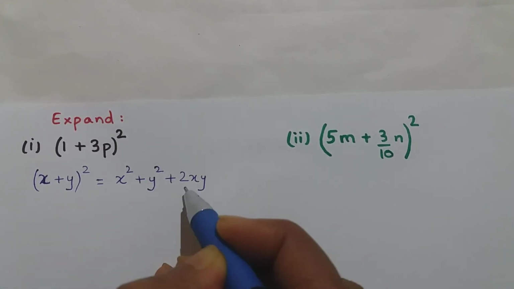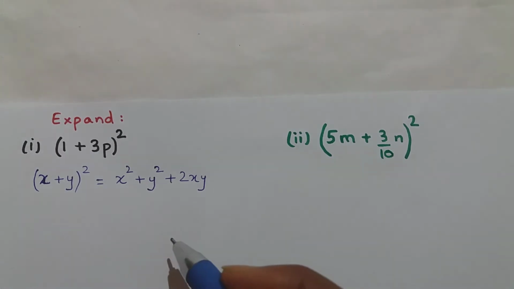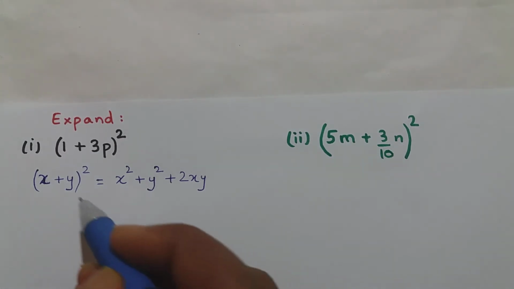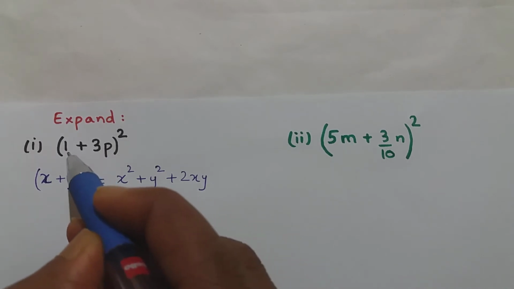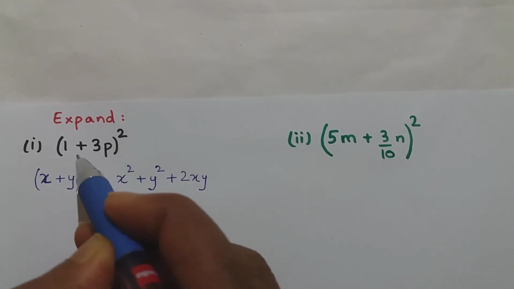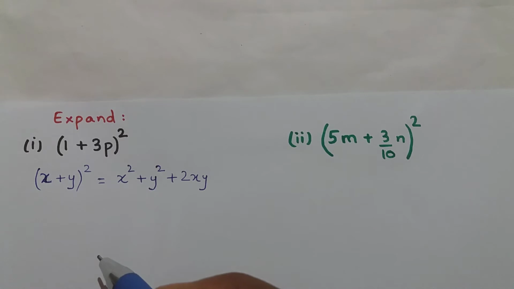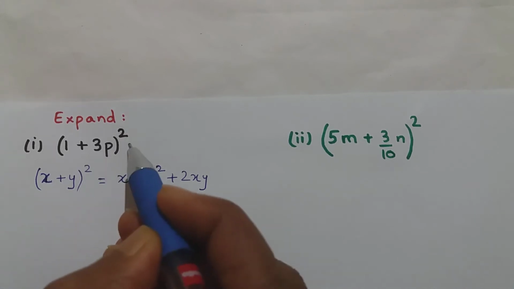So this algebraic identity is known to me. Now, using this algebraic identity, I am going to expand the expression 1 plus 3p whole square. So how are we going to do that?